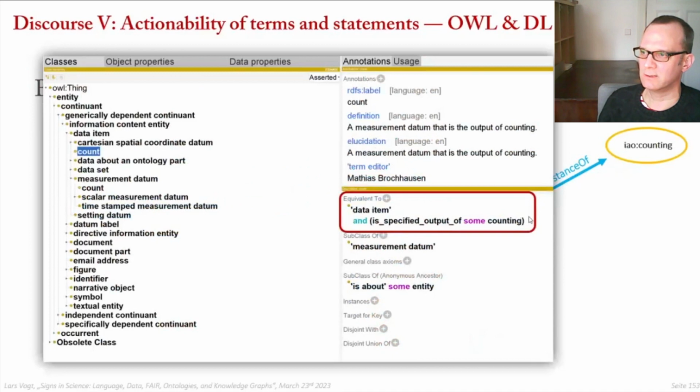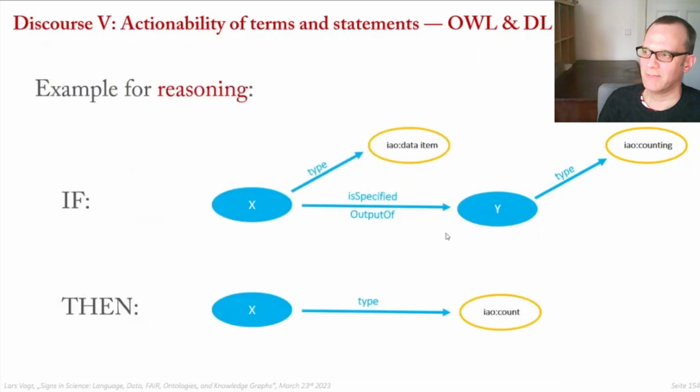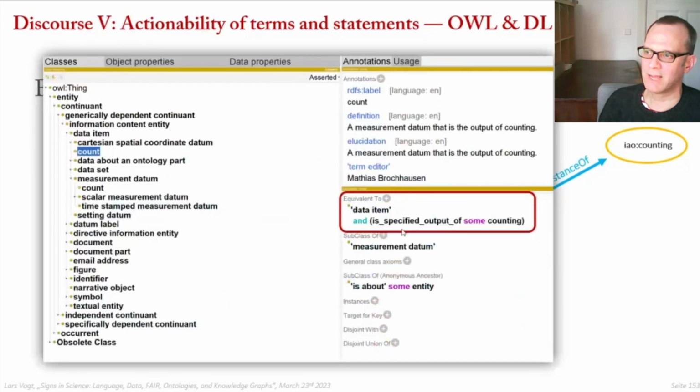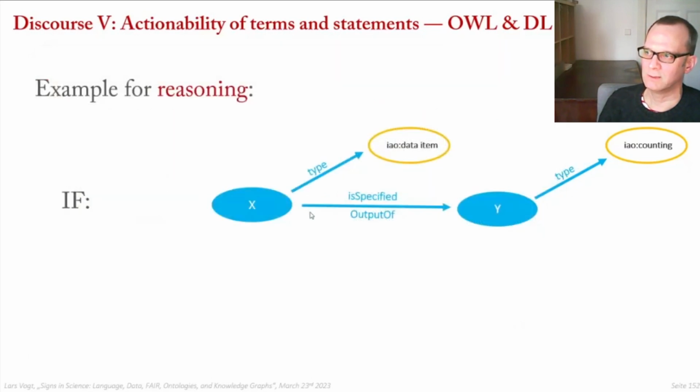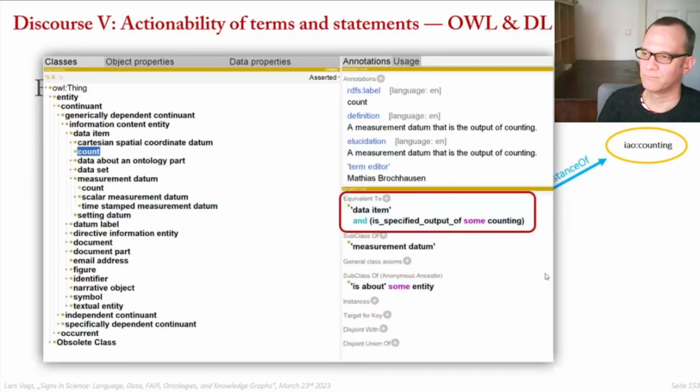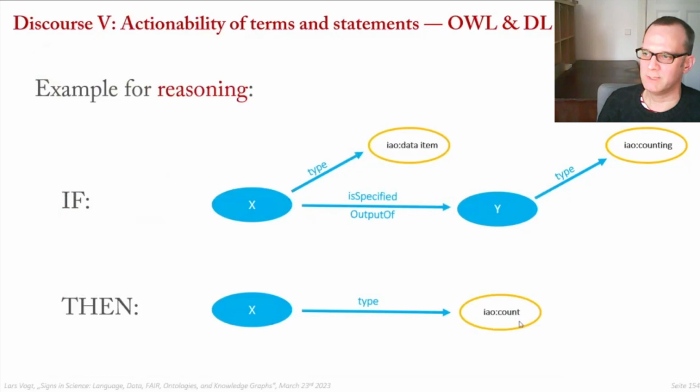Given that this is true, that's background knowledge for the reasoner, the reasoner can say this instance must also be an instance of the class count. Because count is defined as anything that is a data item and that is an output of counting. This is a data item that is an output of counting, so it must be a count instance.